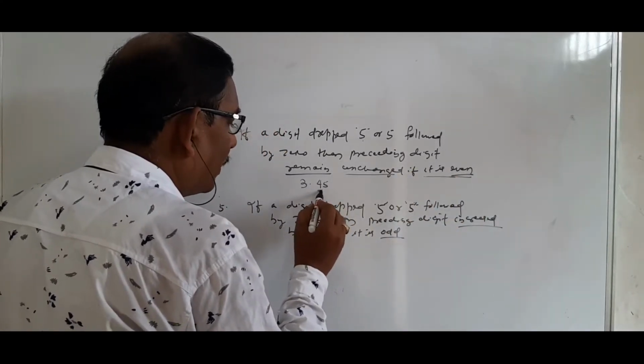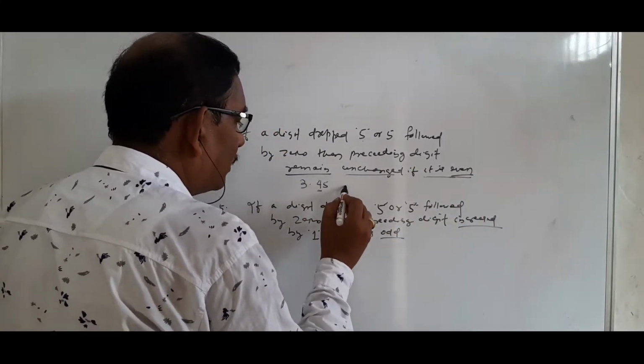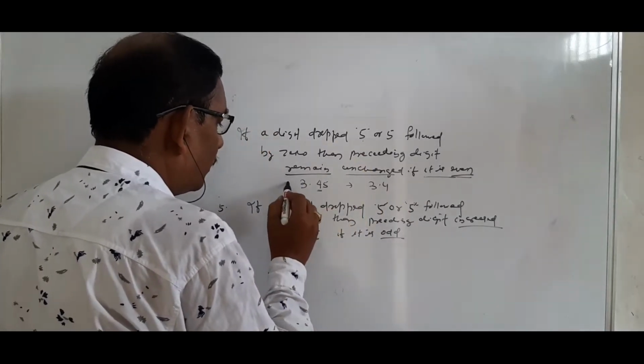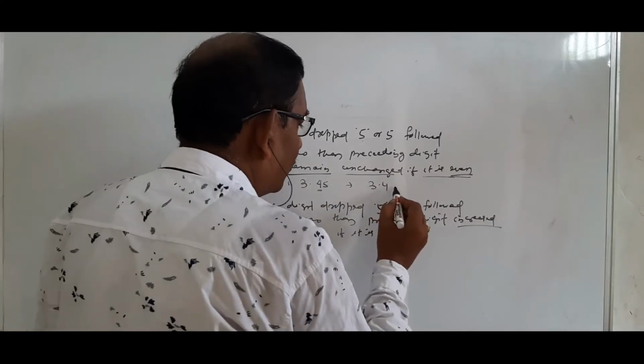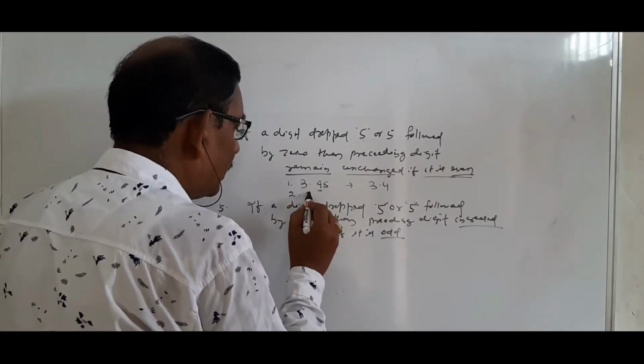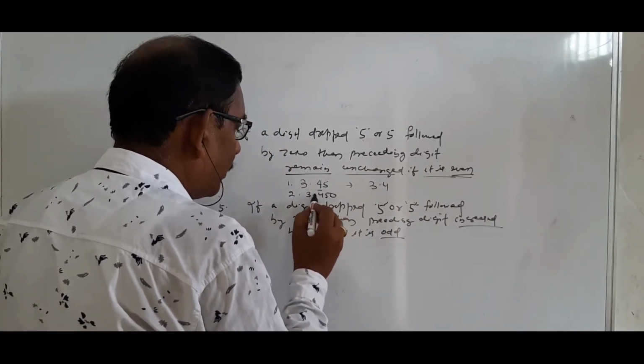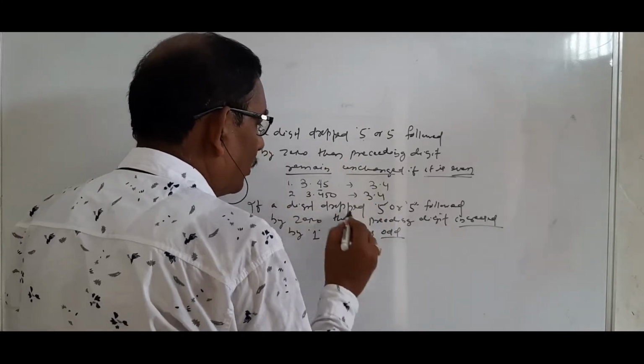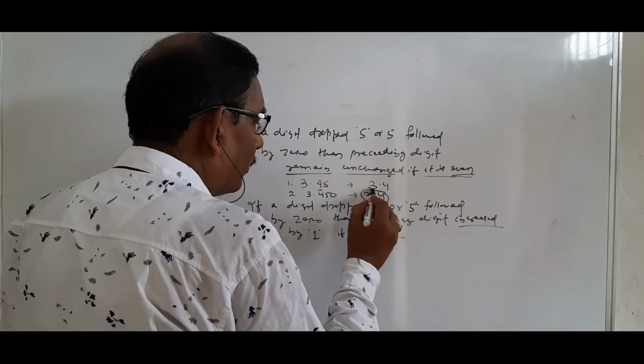Take an example, 3.45. The preceding digit is an even number, so it remains unchanged. After rounding, this is 3.4. Second one, 3.450. It also becomes 3.4 after rounding.